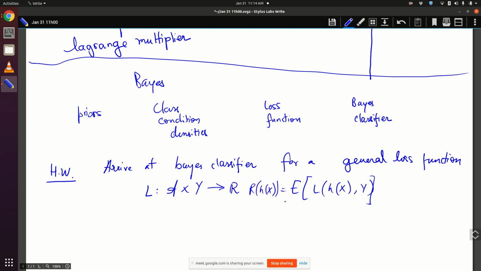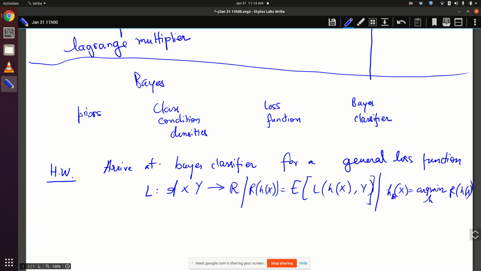This is the risk of a particular classifier, and let's just be clear, h_B, a Bayes classifier: h_B of x is the argmin over h of r of h of x, right? So the homework is to arrive at this.